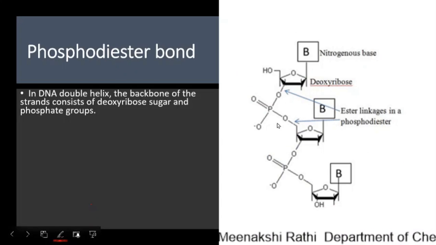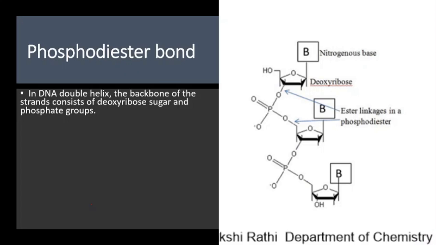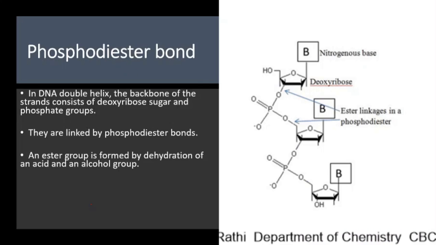Here a ester group is formed by dehydration of an acid and alcohol group. In phosphodiester linkage, two acidic groups of phosphate radical form ester linkage with OH group of adjacent ribose molecule. Actually, this detail we will discuss in the structure of DNA.